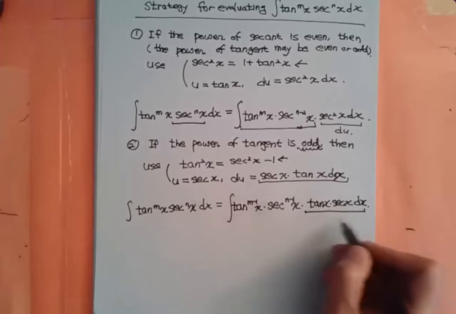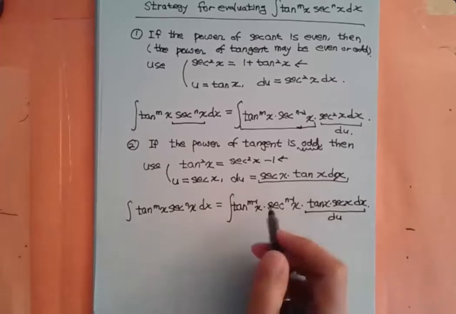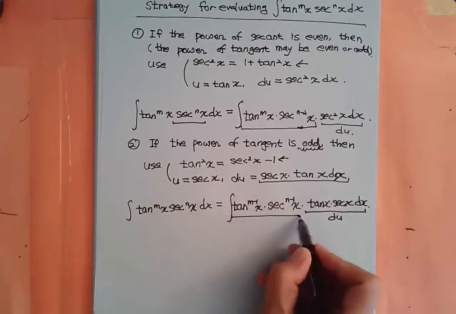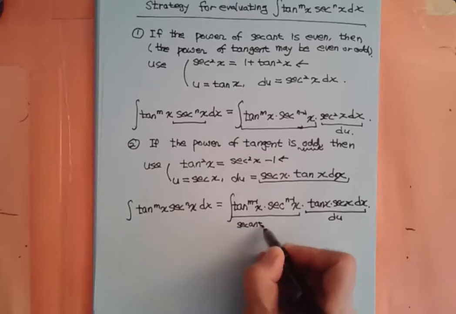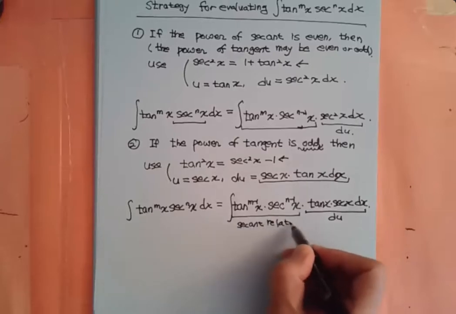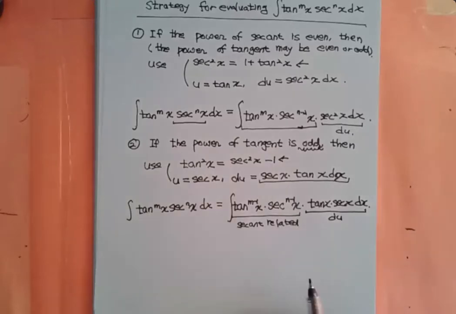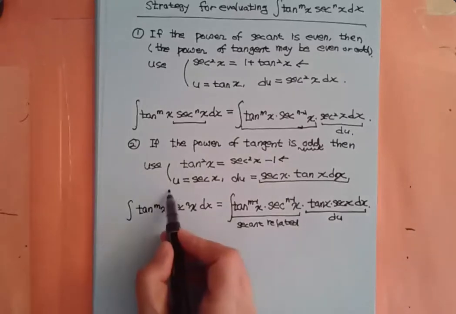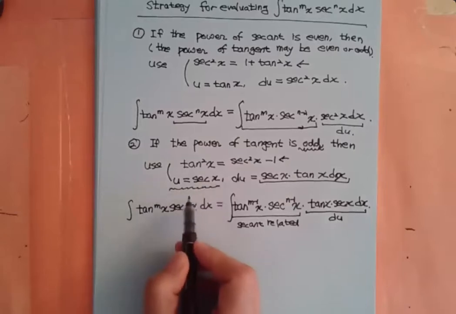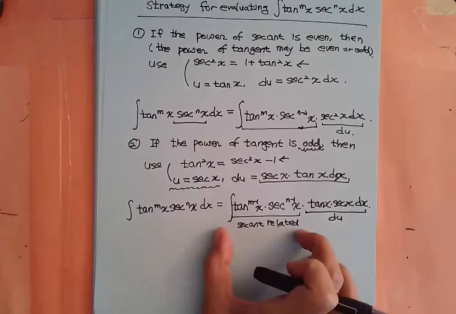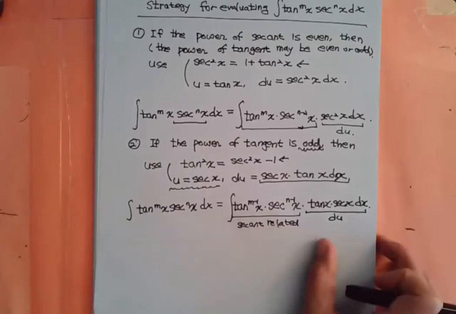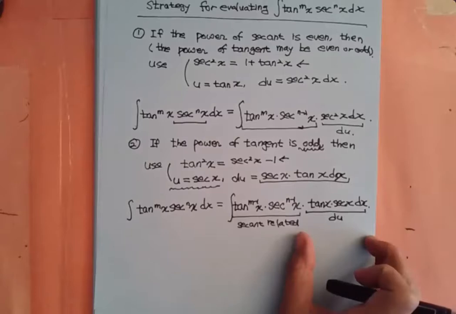This part will become du, and this part will be a secant related expression. We put u as secant of x, so this part will be just a u related polynomial, and then this part will be du.